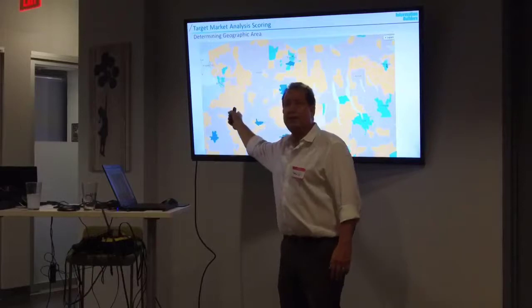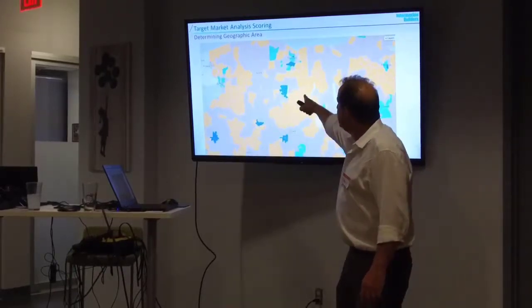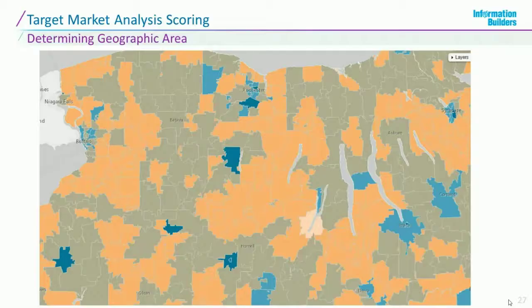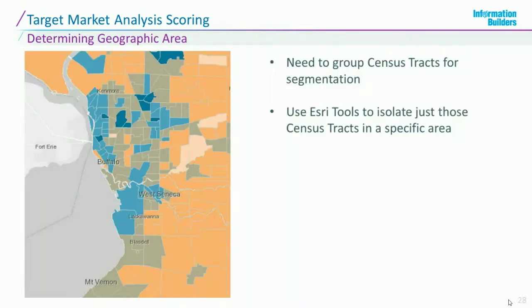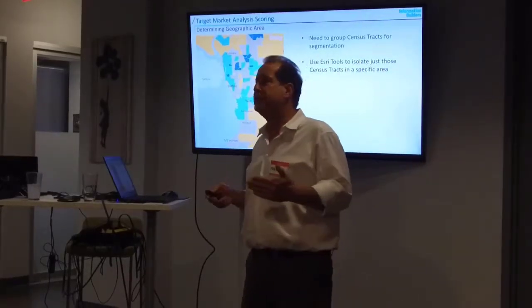For this exercise, we're going to look at the area in and around Buffalo, New York. Okay, all of the polygons you see on this map right here are census tracts. So just to give you an idea of what we started with. So we want to focus on Buffalo. We want to group these census tracts for segmentation. So what we're going to do is some GIS magic and do what's called a spatial join.